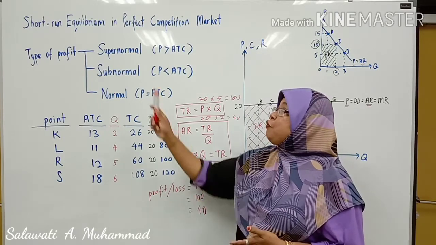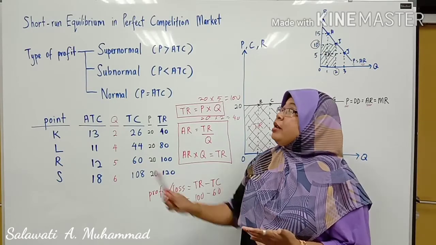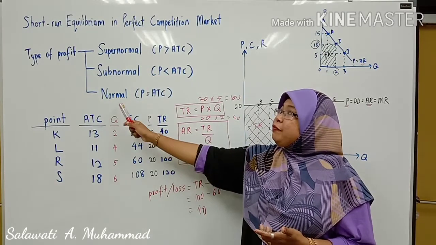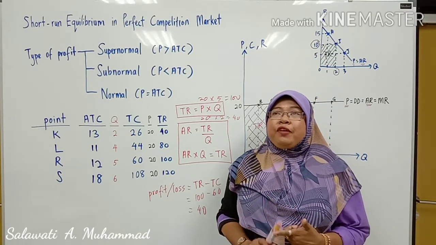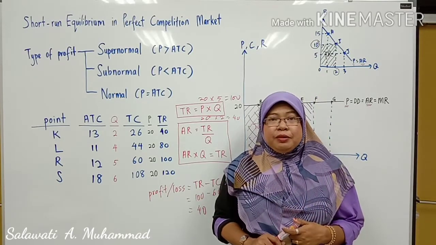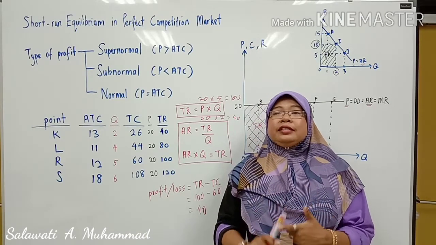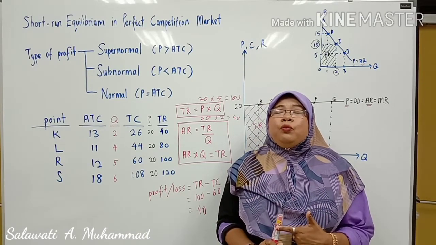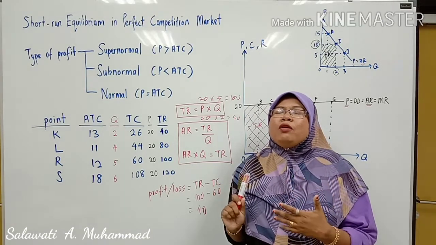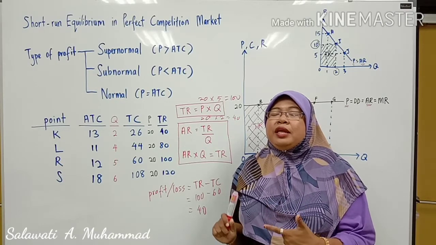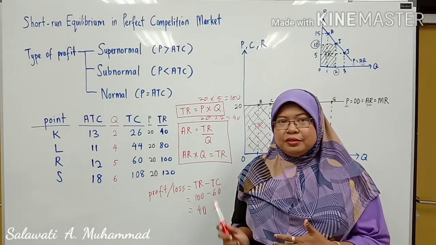So in order to find whether the firm gets supernormal profit, subnormal profit, or normal profit, you need to find the equilibrium point first. Which amount of quantity will give the highest profit to that firm?